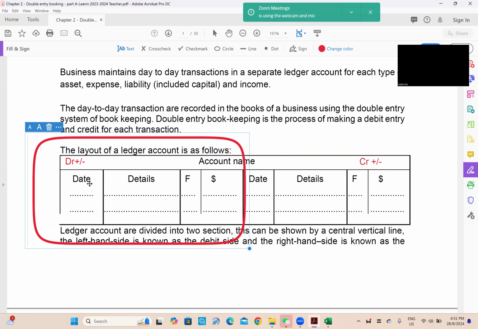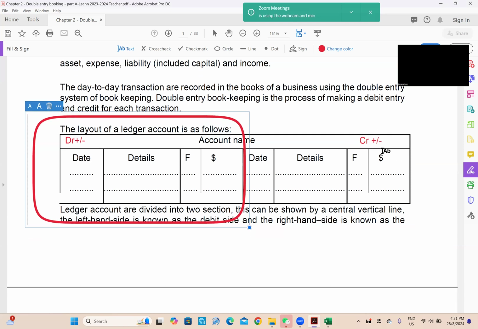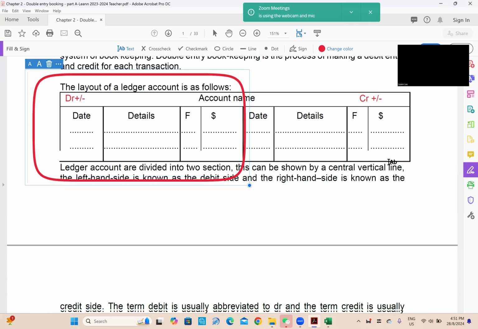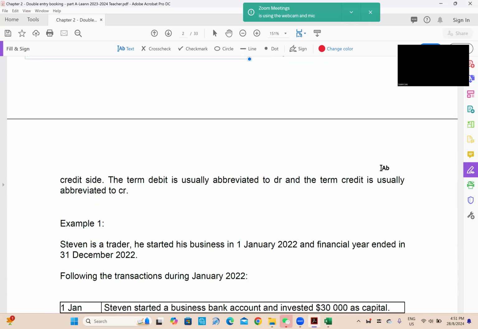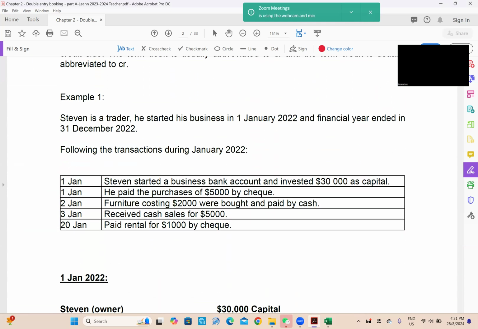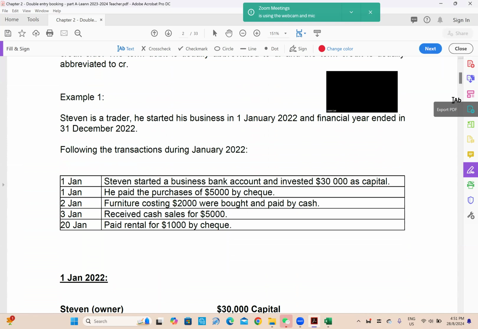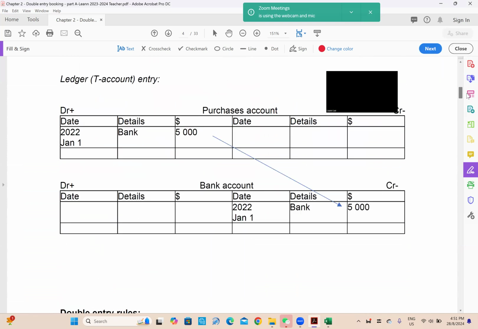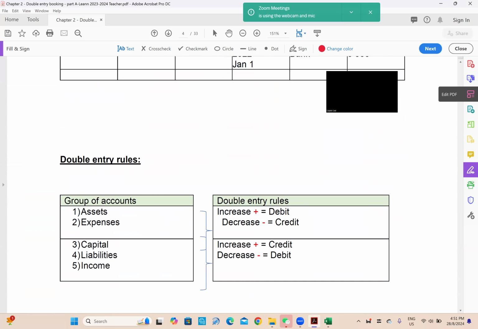As I said in the handphone example, if my asset increases, my debit side will be plus, my credit side will be minus. How do I know when it will be debit plus or minus, or credit plus or minus? There is a table that I prepared for my students, which is here. I group it into 2 columns.